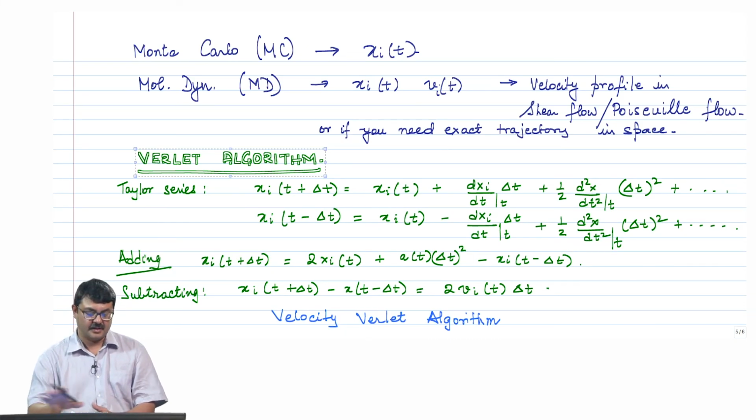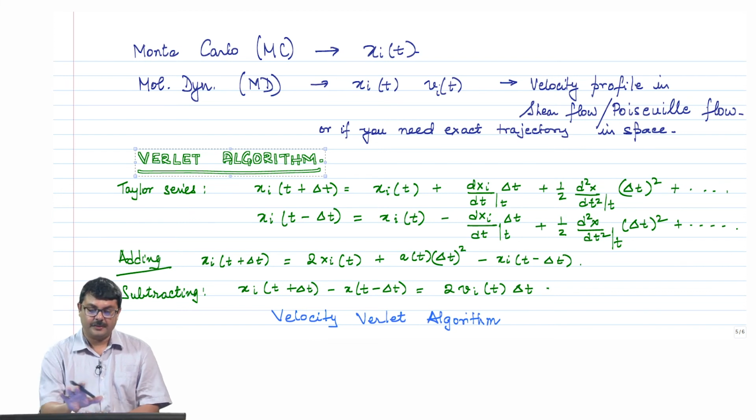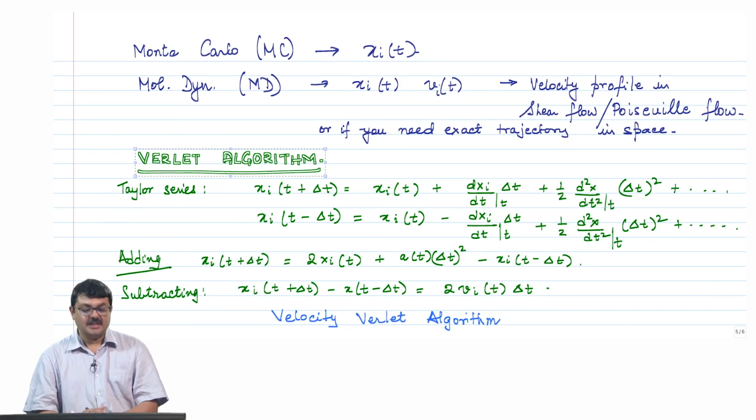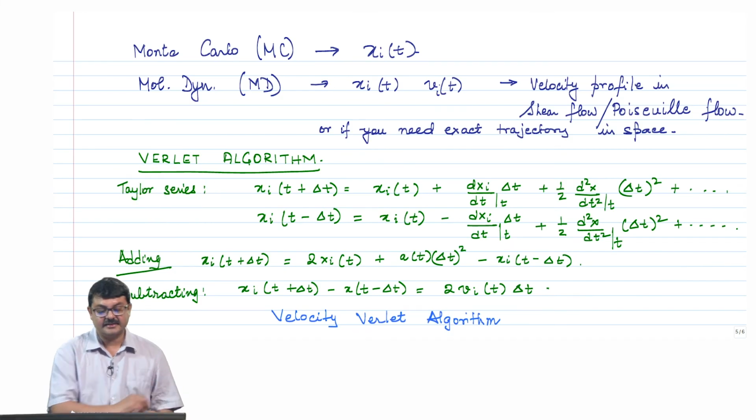I mean, the way the Verlet algorithm, or the update of position and velocity, is arranged. In the Verlet algorithm, all that we are using is nothing more than the Taylor series expansion.